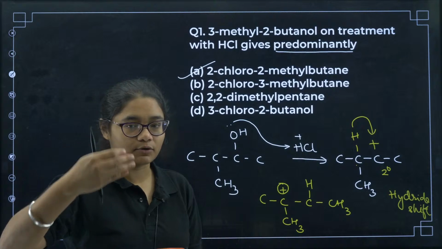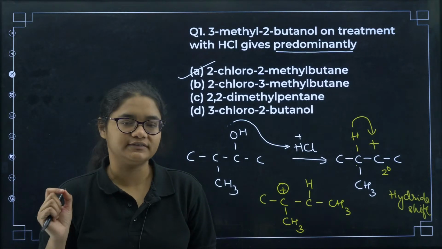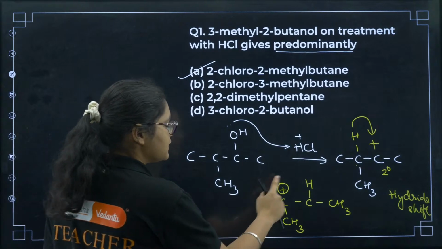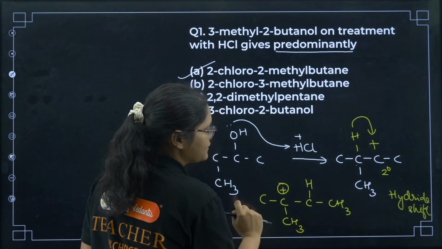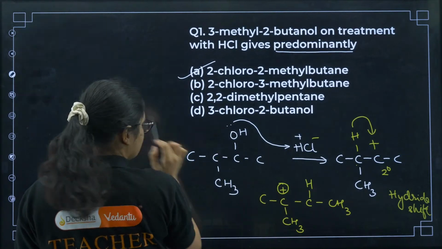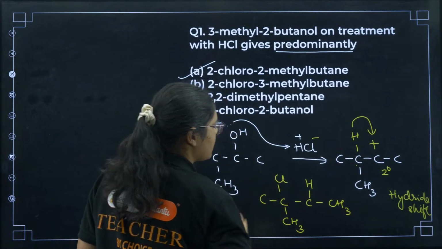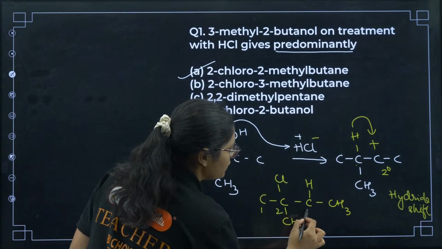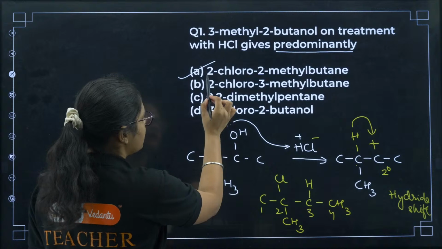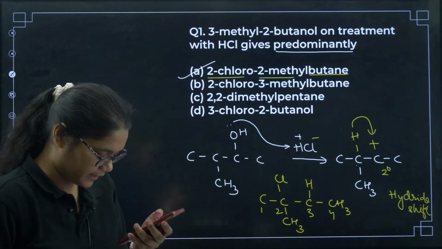Whenever there is a possibility of getting a more stable carbocation, rearrangement always takes place. Now Cl minus can attack here, and Cl is formed on this particular carbon. If I number it 1, 2, 3, 4, I get 2-chloro-2-methyl-butane. Option A is the correct answer.